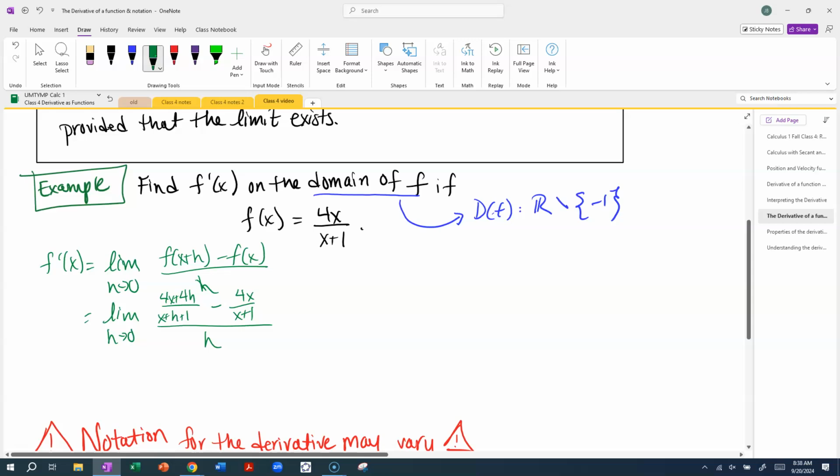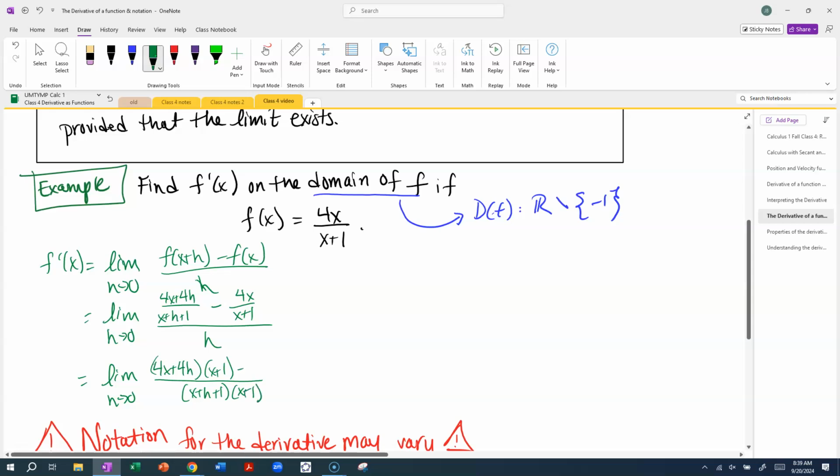Okay? Now, mathematically, let's do a bunch of steps all at once. To get a common denominator, I would need to take the 4x plus 4h and multiply it by x plus 1, right? And I would have a common denominator that is x plus h plus 1 times x plus 1, okay?